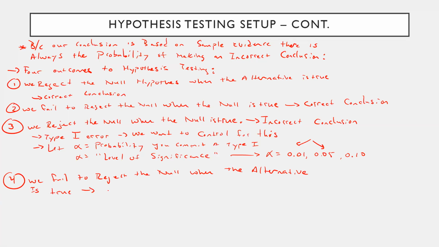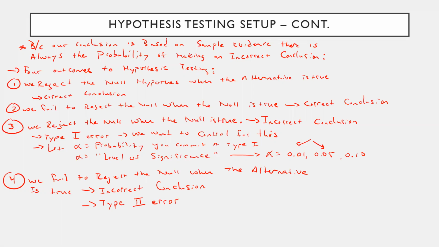This is an incorrect conclusion, and this is what we call a type 2 error. We're not going to worry about this in this class. We're only worried about sending an innocent person to jail. That's the only thing we can control for right now.